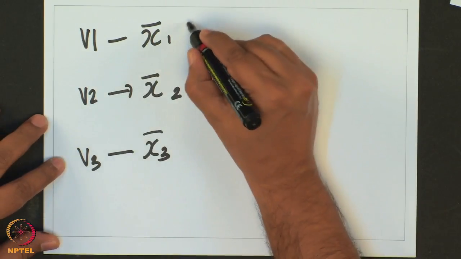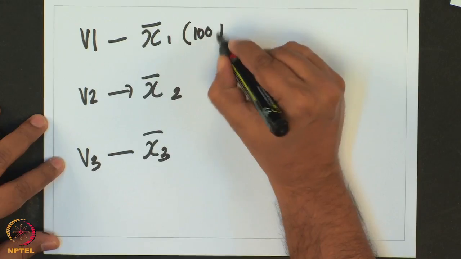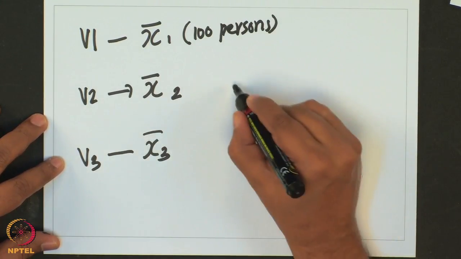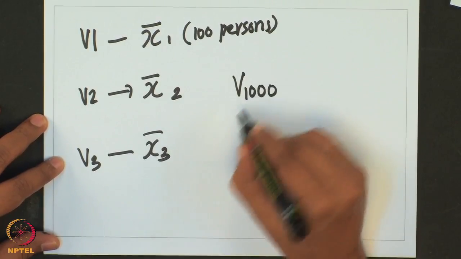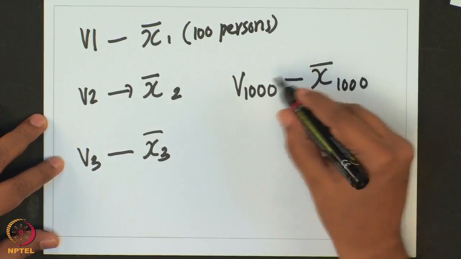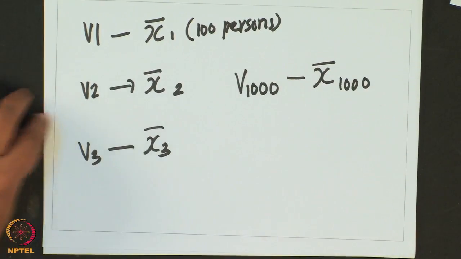All of these were got from 100 persons. Similarly, the 1,000th volunteer will have a mean value x bar 1,000, also got from 100 persons. So 1,000 people went and met 100 individuals each, collected the vitamin D levels from them, and each volunteer calculated a mean value. So we have 1,000 mean values.